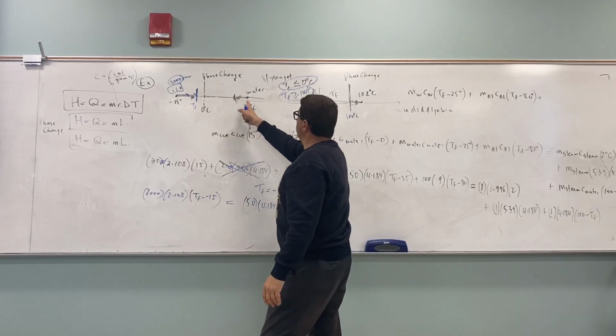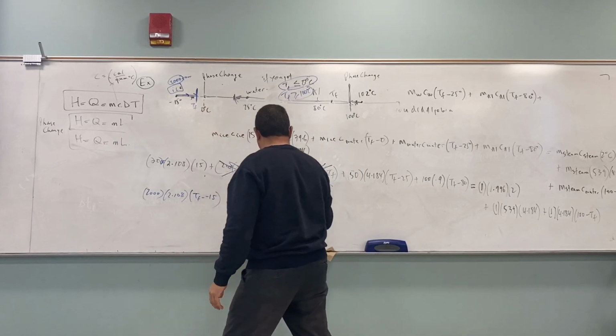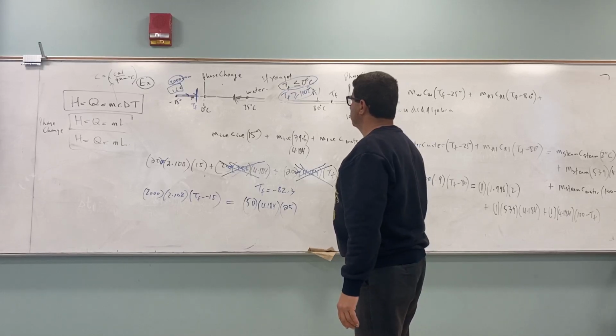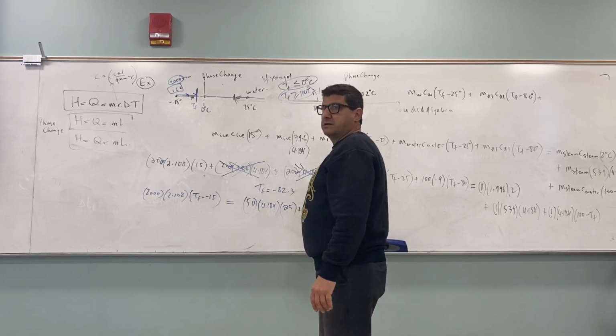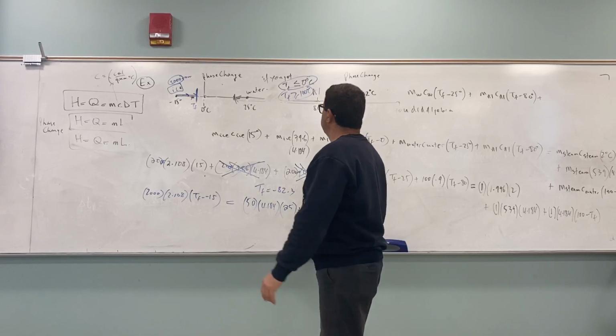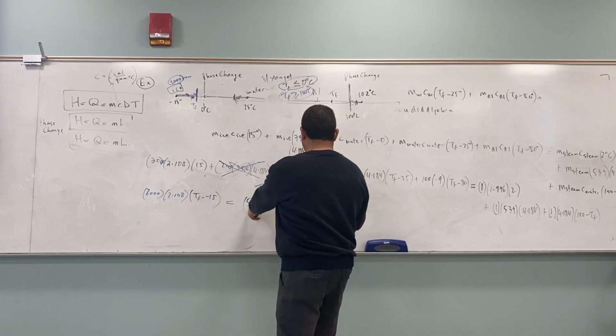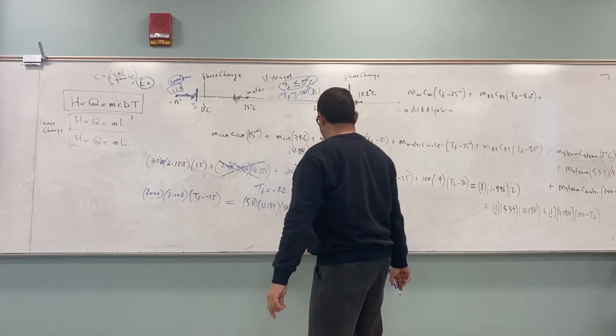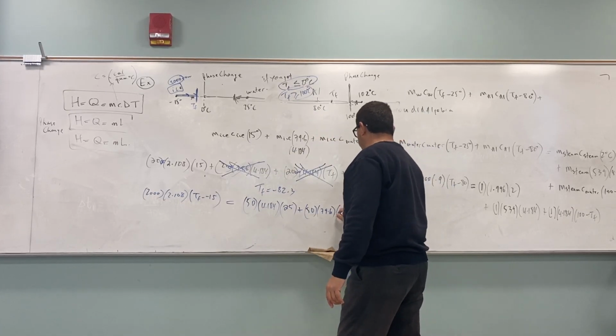So when it's going from 25 to 0, you just put here 25, right? Plus, when melting, how much heat does it lose? Then it goes the mass times the heat of fusion times what? Or change it to joules.